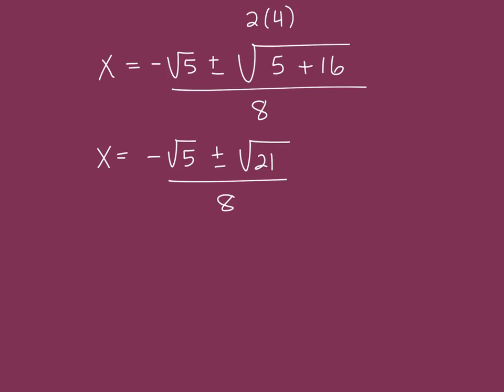Here's another thing about fake math. I will get answers where people will say negative the square root of 5 plus or minus the square root of 21 is the square root of 16, because negative 5 and 21 make 16, so that must be the answer. Fake math. You can't add square roots.